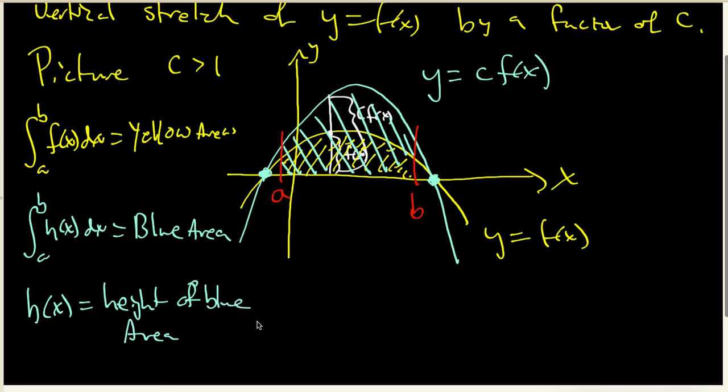But now I want to give myself a nice, big, fat, clear set of what that height is. By the formula, that height is just c times f of x.